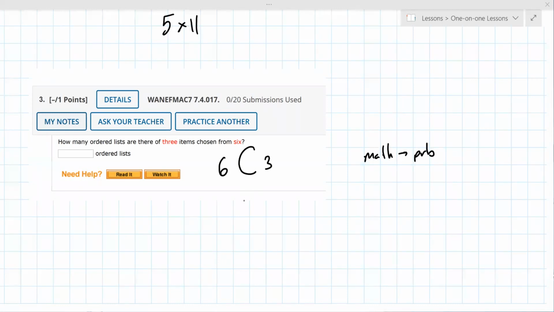And I get 20. It would be good for you to calculate this just as a practice. So math, then what? I think it's under PRB, math PRB. Not sure though. I can look this up as well. And is it nCr? Yes. Yeah, I got 20. Okay, great.